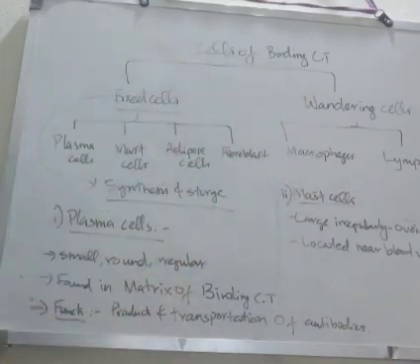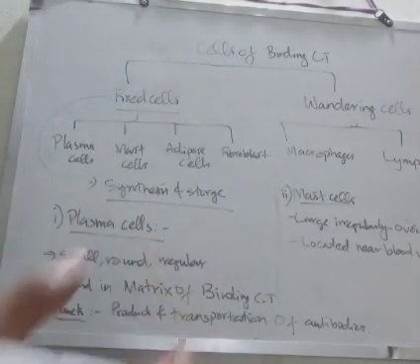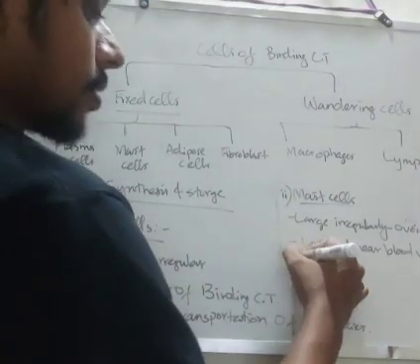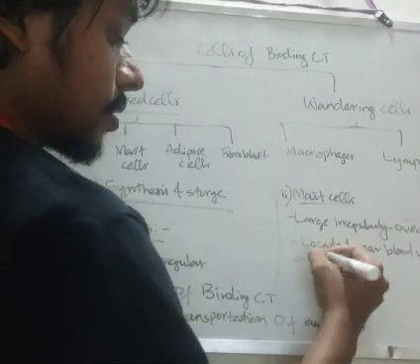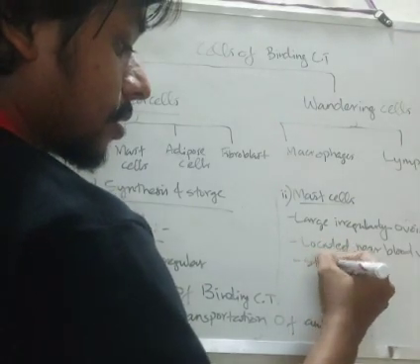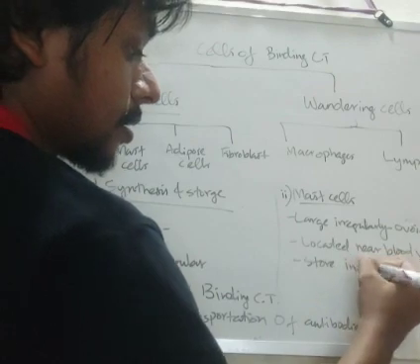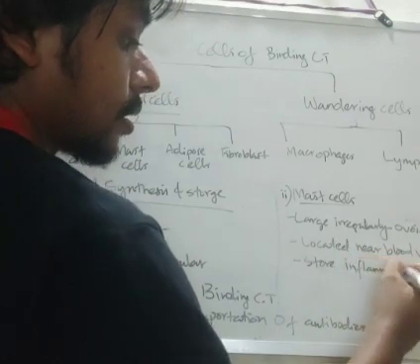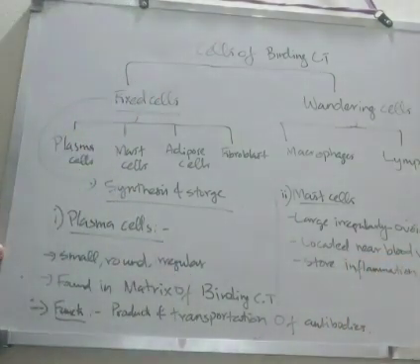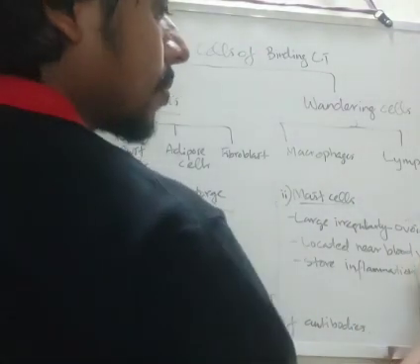What is the function of mast cells? They store inflammation producing substances.